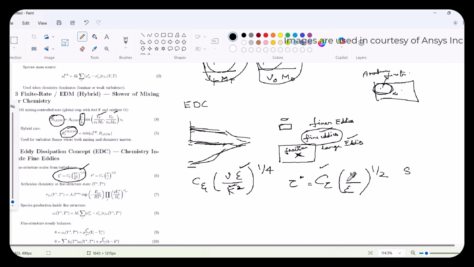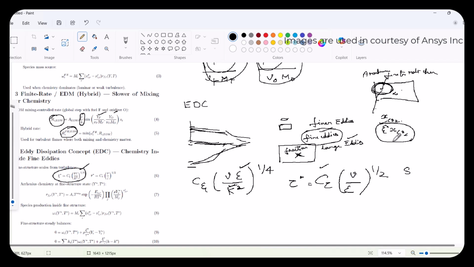So we'll have a reaction of finite rate chemistry inside this small portion. Now the reaction happens inside this small portion, by mass fraction. For example, CO2 is produced. If this mass fraction is epsilon star, then the mass fraction produced of CO2 is epsilon star times CO2. So we need to find these values, right?